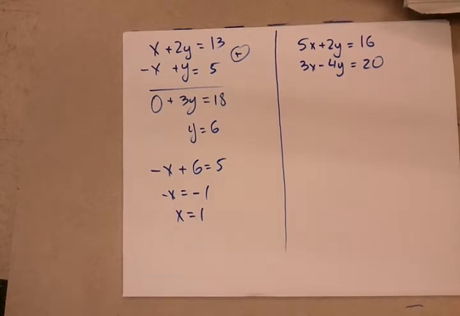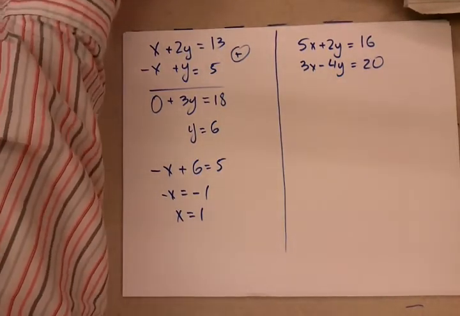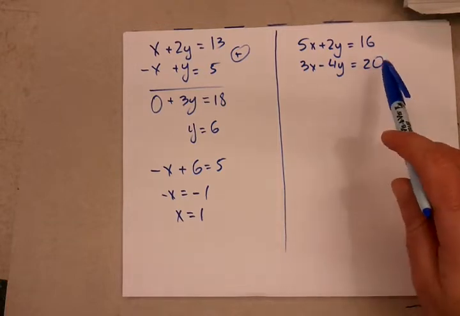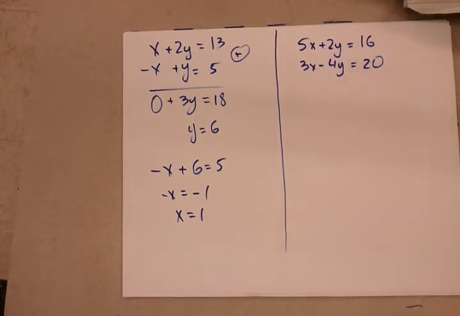Again, nothing eliminates. So you can't use elimination here. You could always use substitution or graphing, but those are typically more cumbersome methods. So let's see if we can make some modifications to help us make this particular problem solvable through elimination.